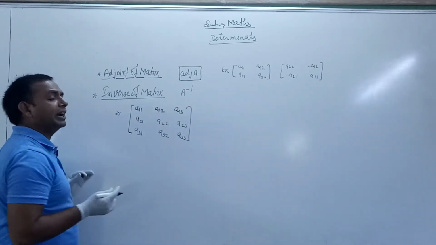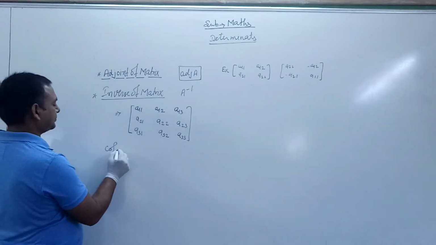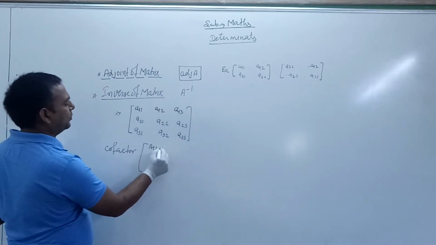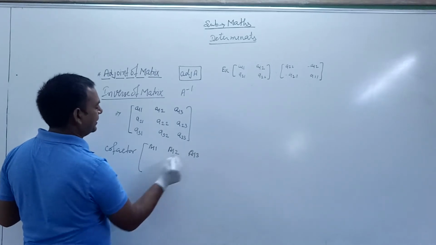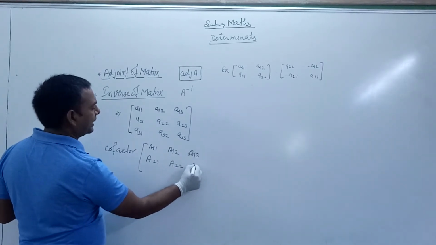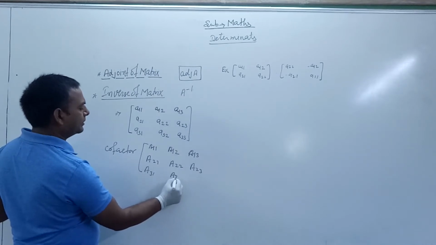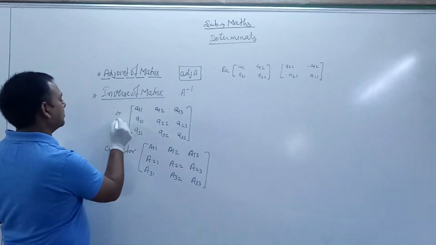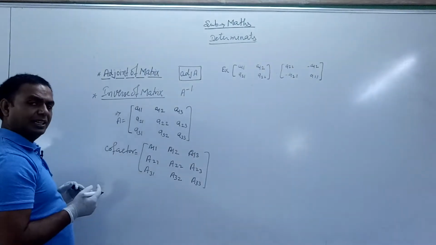If you want to find the cofactor, the cofactor of that matrix is A11, A12 and A13, A21, A22, A23 and A31, A32 and A33. Suppose this matrix is A, so this is the cofactor of A.